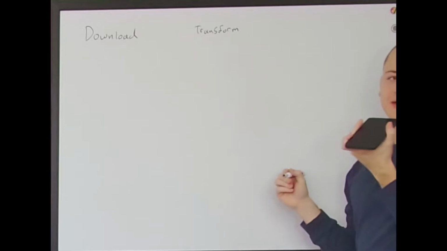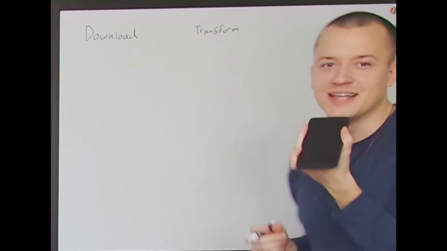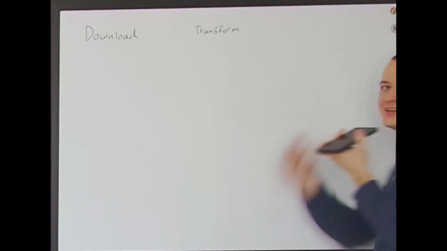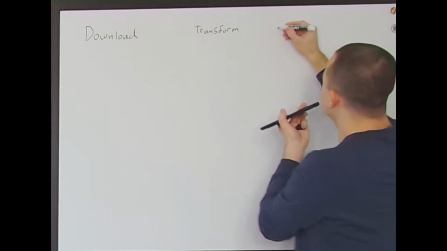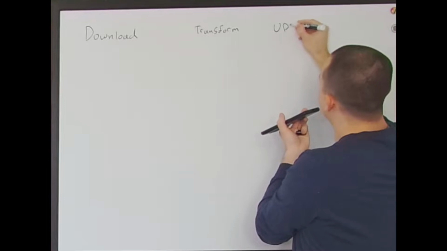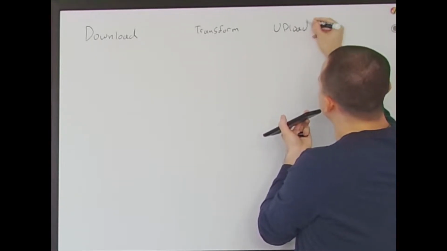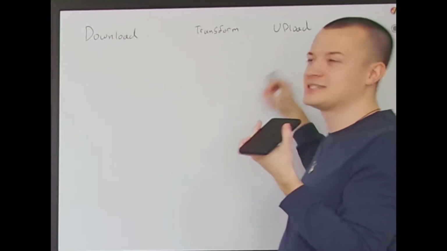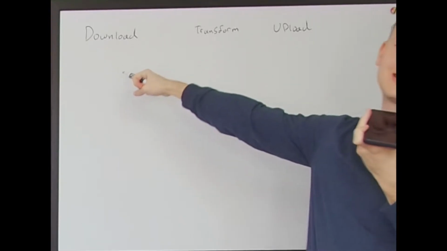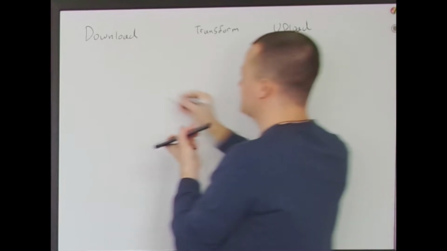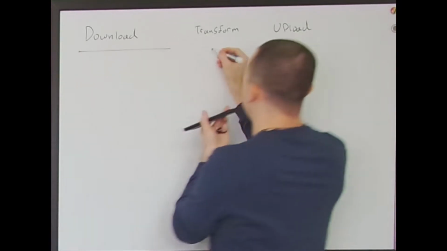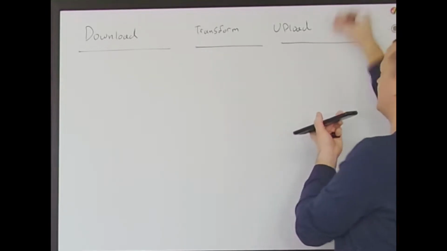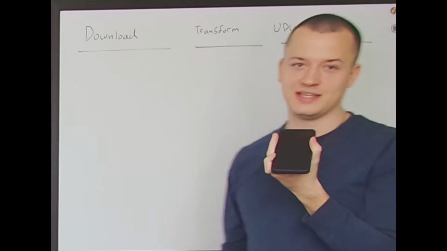And finally, we have an upload stage, and the upload stage goes to the database. Download gets stuff from the Securities and Exchange Commission, and transform just gets it into the format that we need in order for the upload stage to actually use it.